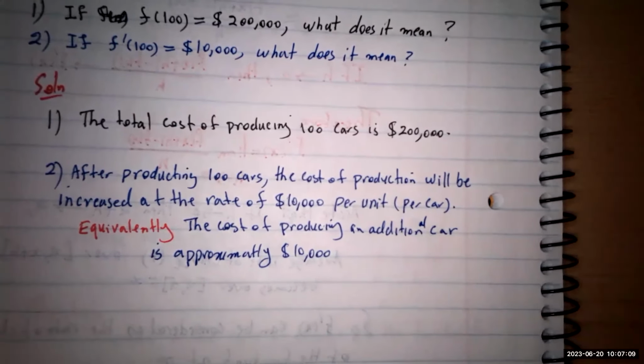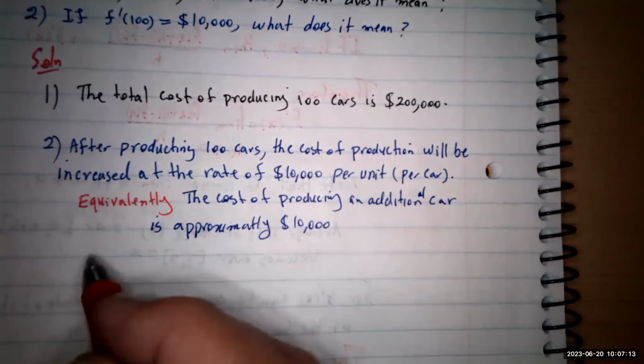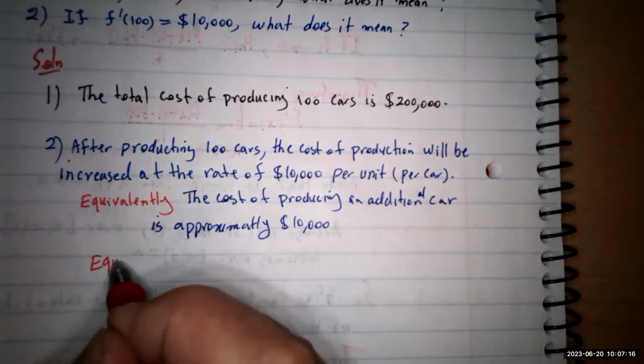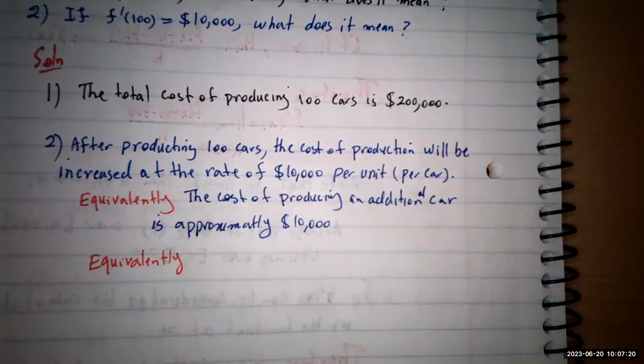Additional car. This is another way some people like to express it. Or even, you see, I like the first one. It's precise, nice, and you can use it all the time.